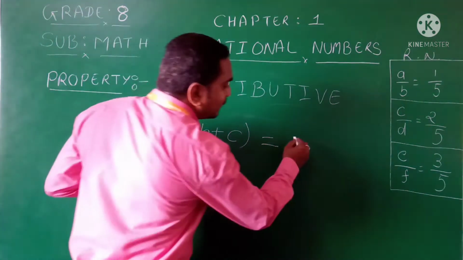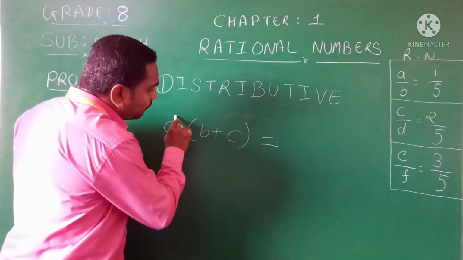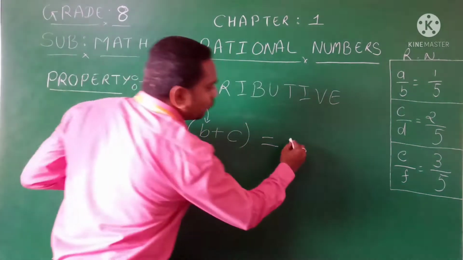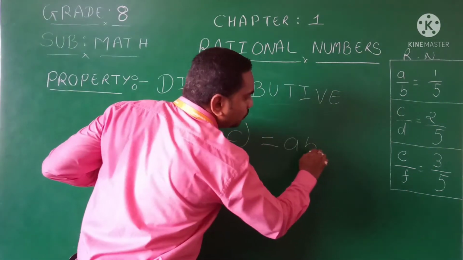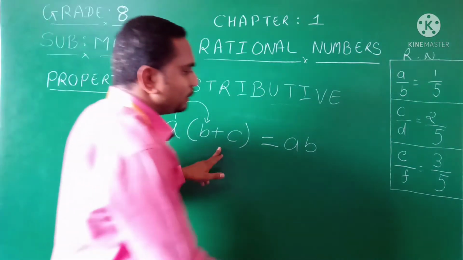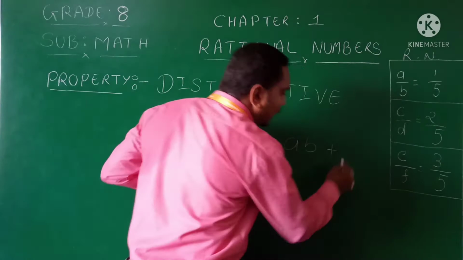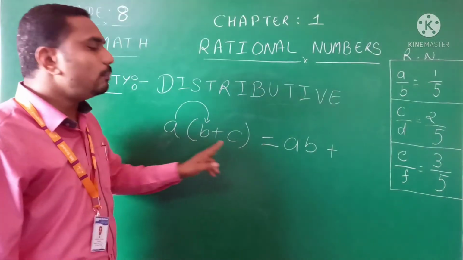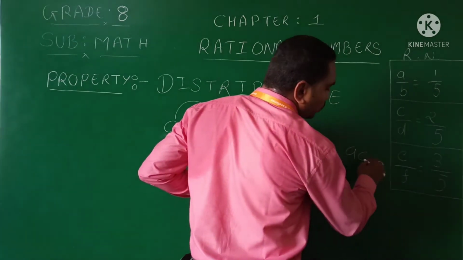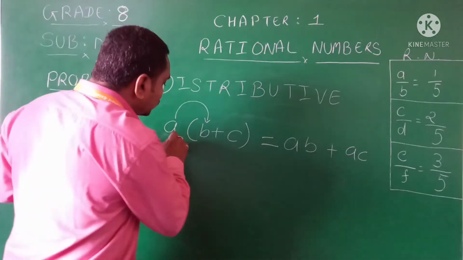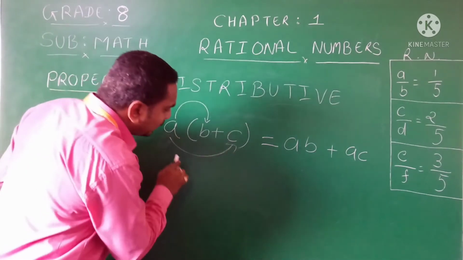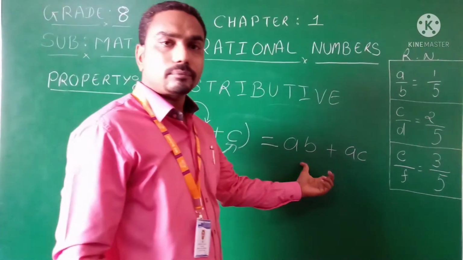So a will be multiplied with b. Let's open the bracket. What will we get? A into b. In between there is the plus sign, so plus will be there, and a will be multiplied with c. So we can write a into c. First we multiply a into b, second one is a into c.